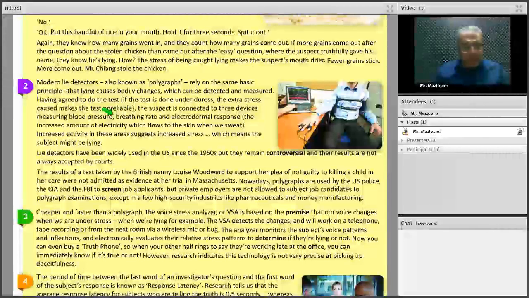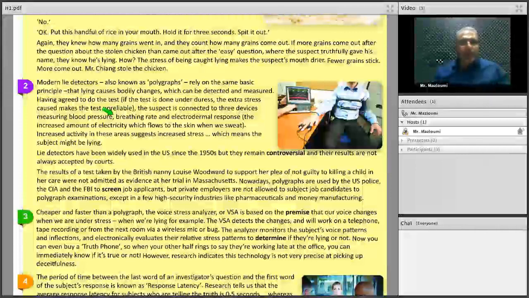What is electrodermal response? It is the increased amount of electricity which flows to the skin when we sweat, when we perspire. So, electrodermal response means the electricity in our skin.